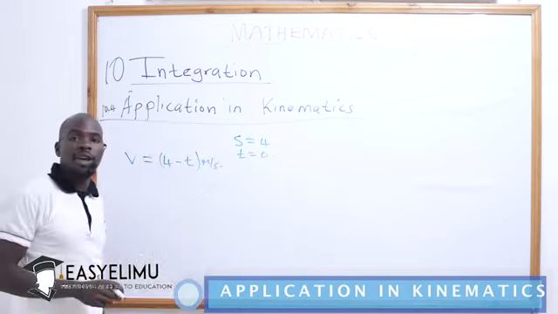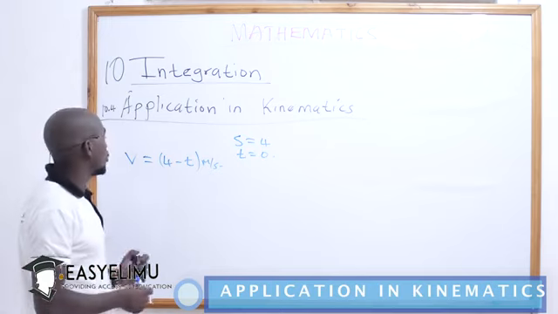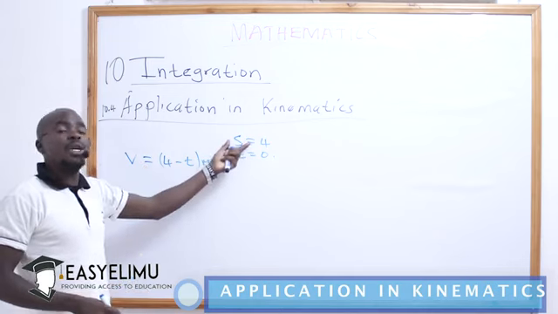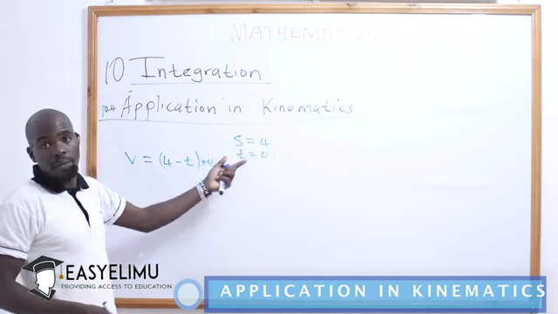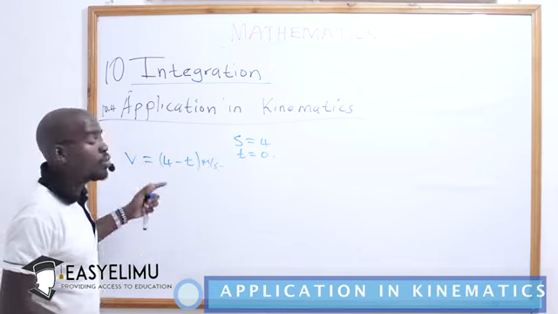So what we shall do first is integrate this to find s, because to find v we differentiate displacement with respect to time. But here we shall integrate velocity with respect to time.